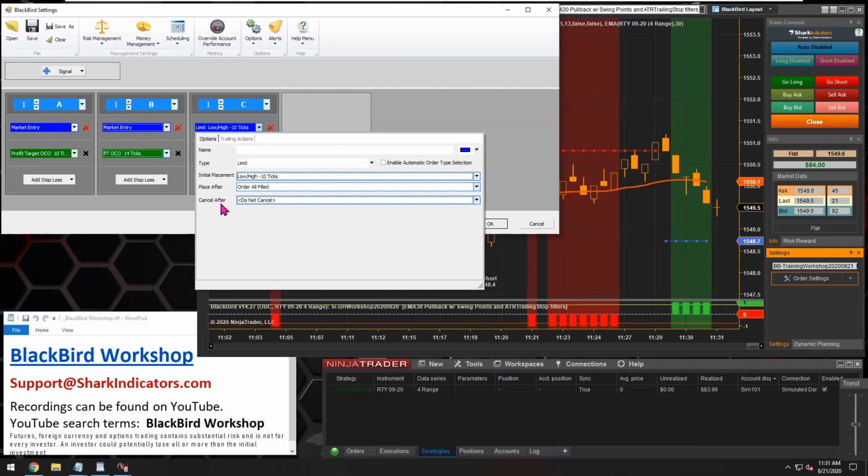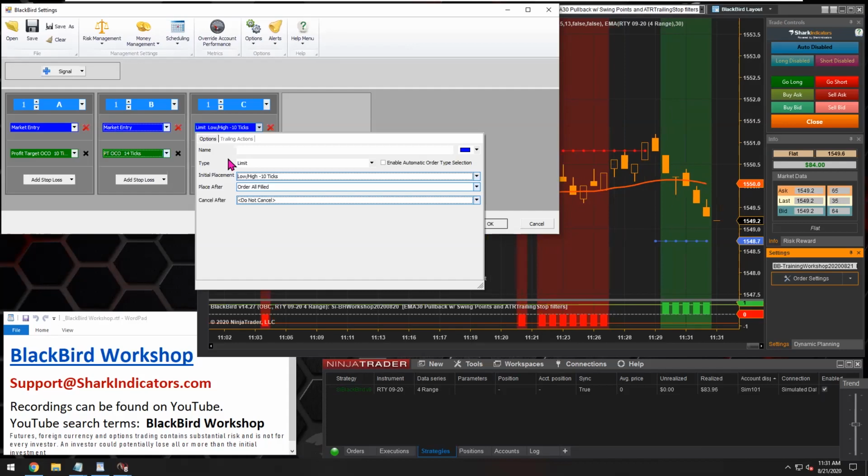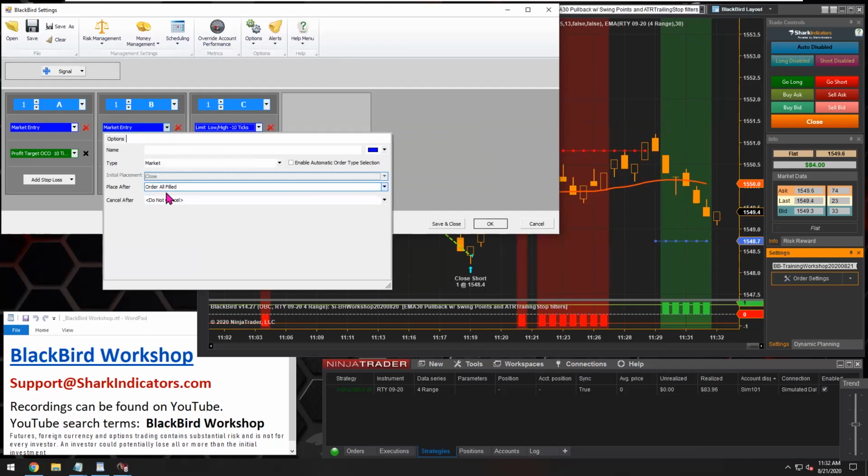So this is probably the bigger issue with this workaround, is trying to figure out when should you instruct BlackBird on basically canceling these scale-in orders here. Right? So same thing with B. Right?